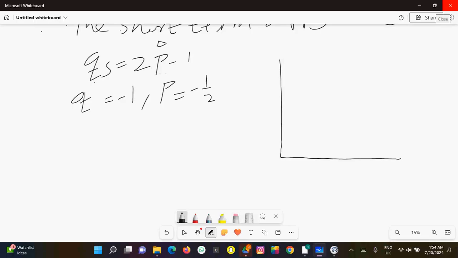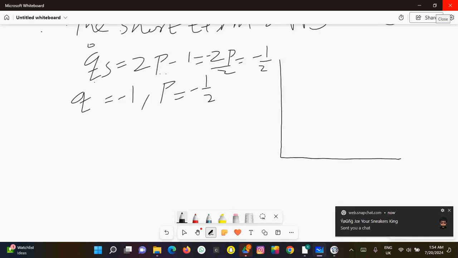So when this is 0, it's 2P minus 1, so 2P is equal to 1, giving us positive 1 over 2.